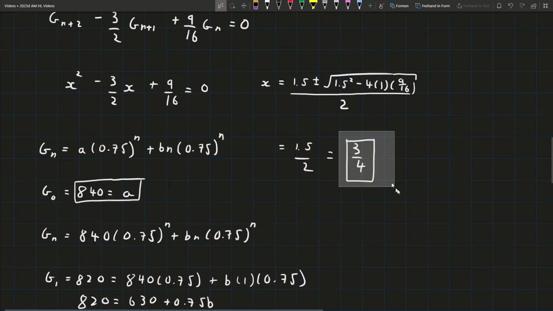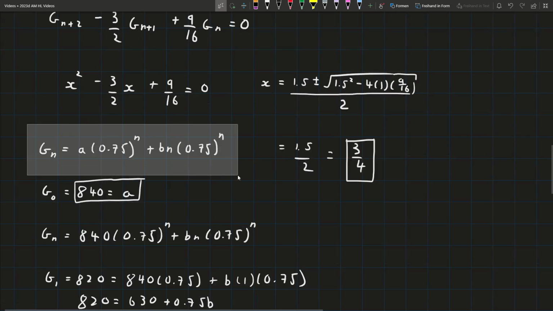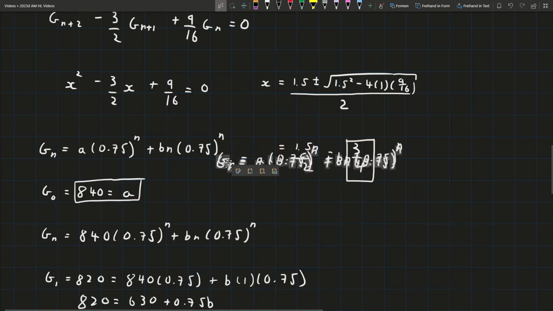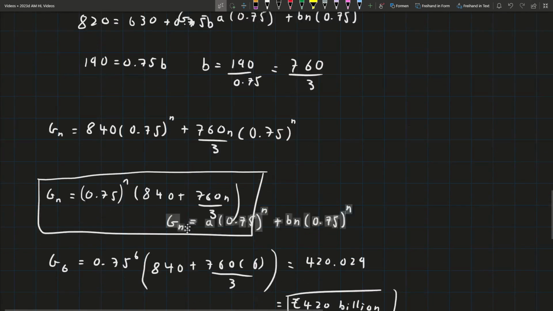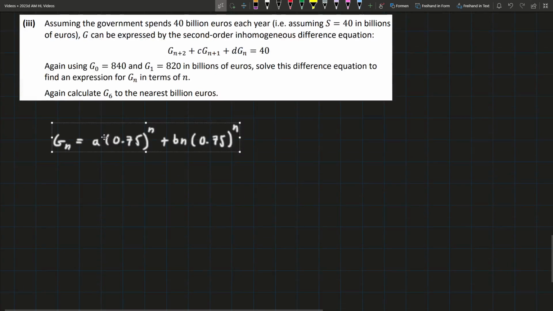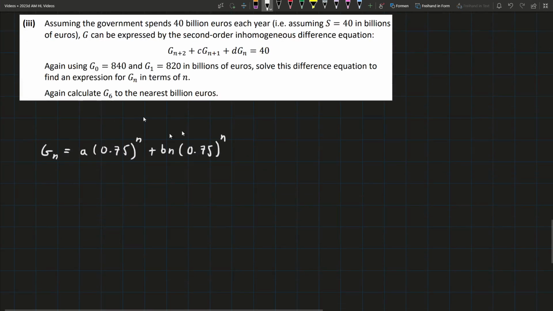So we're still going to have the same complementary solution, but the coefficients will be different when we take into account that 40. So we can actually just take down this much here, and I guess we can rewrite it just to be a little bit easier as 0.75 to the power of n times a plus bn. So that's actually only our complementary solution this time.